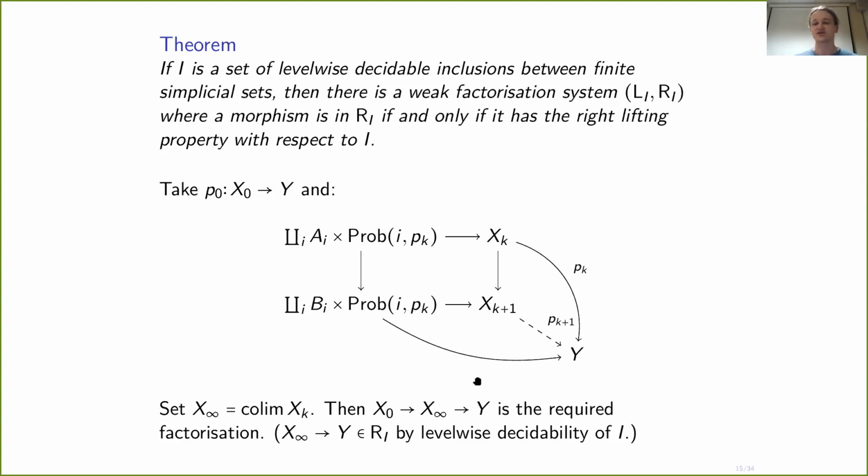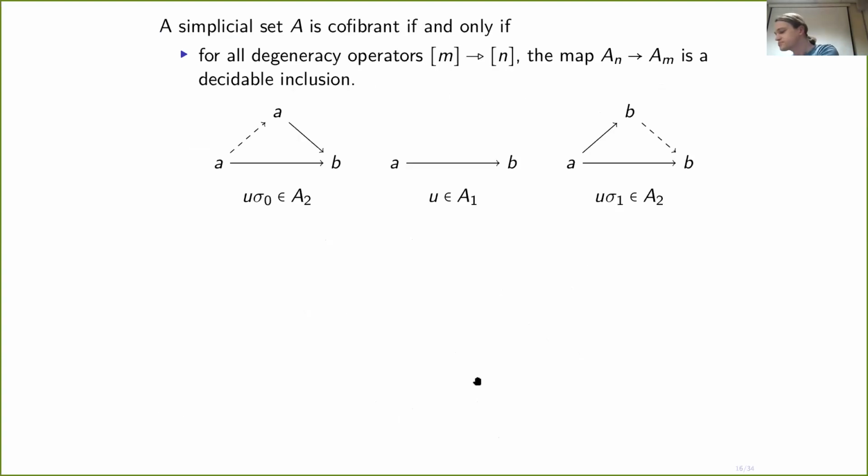But then in the end, it turns out that all these decidable inclusions can be constructed, and I don't actually need to assume any excluded middle globally, so to speak. All right.